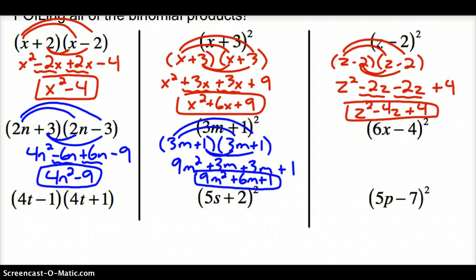Okay, again, I encourage you to take notes along with me here. Okay, this next one, I'm going to rewrite this as the product of two binomials. So this will be 6x minus 4 times 6x minus 4.